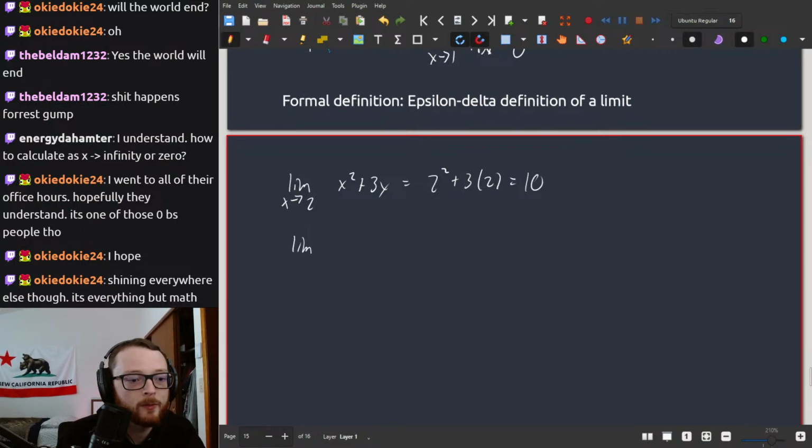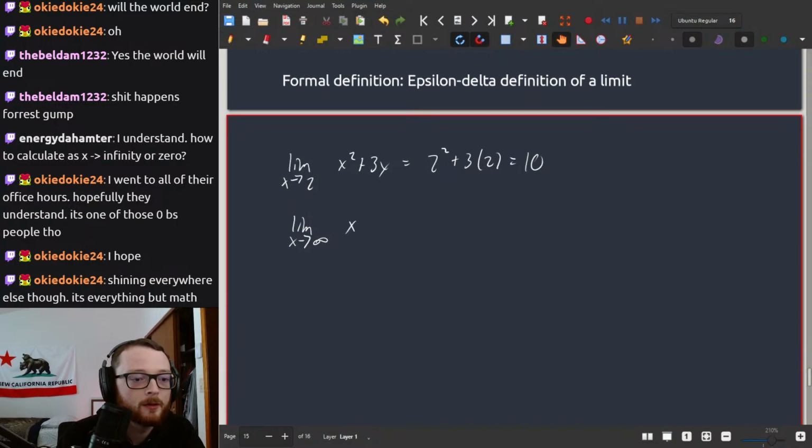So if we have the limit as x goes to infinity of, let's just take x. The function y equals x is just a diagonal line like that. If we're taking the limit as x goes to infinity, we're interested in the behavior as this function goes to the right.